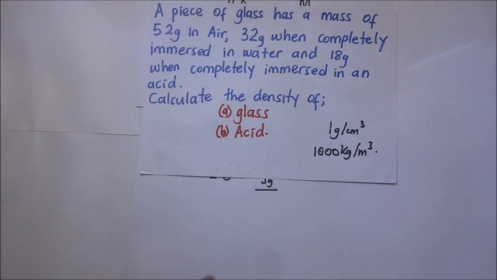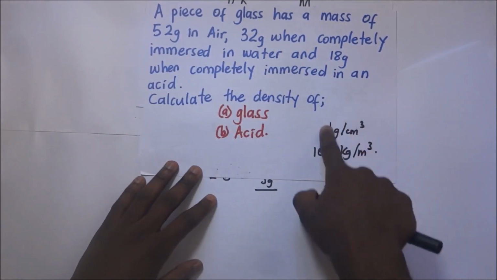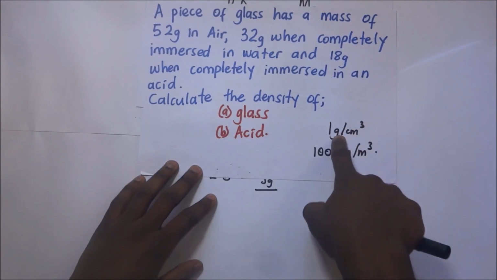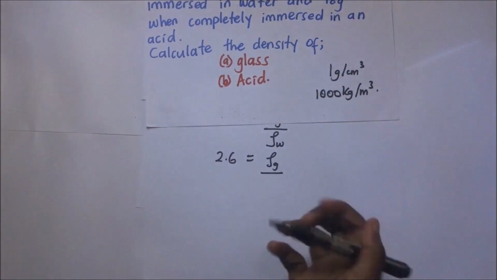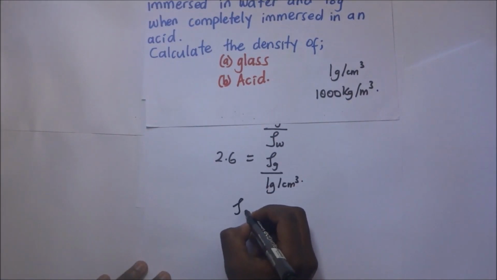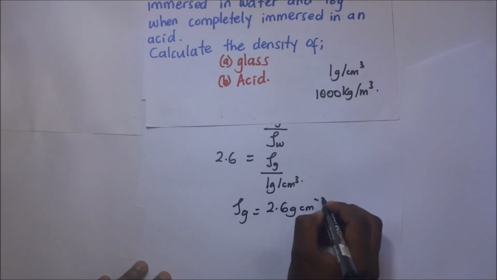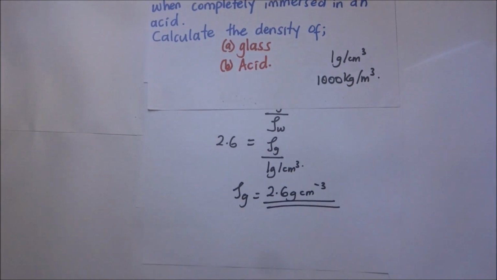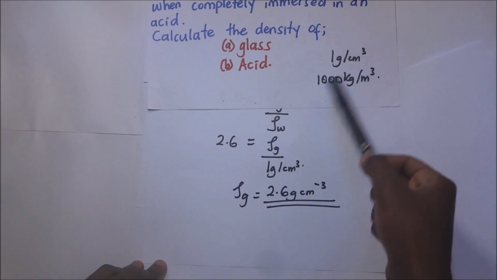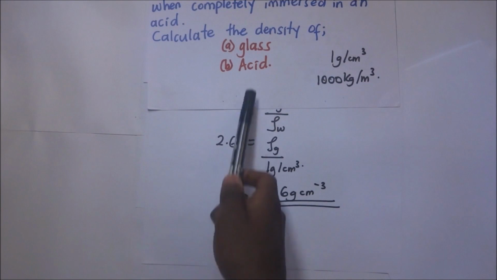The question does not specify, but since most of our figures here are in grams, let's take it in terms of grams per cc, and divide by 1 gram per centimeter cubed. Definitely the density of the glass is going to be 2.6 grams per centimeter cubed, or grams per cc. Of course, if you had used 1,000 kilograms per meter cubed, your answer here would be in kilograms per meter cubed. That's the density of the glass.